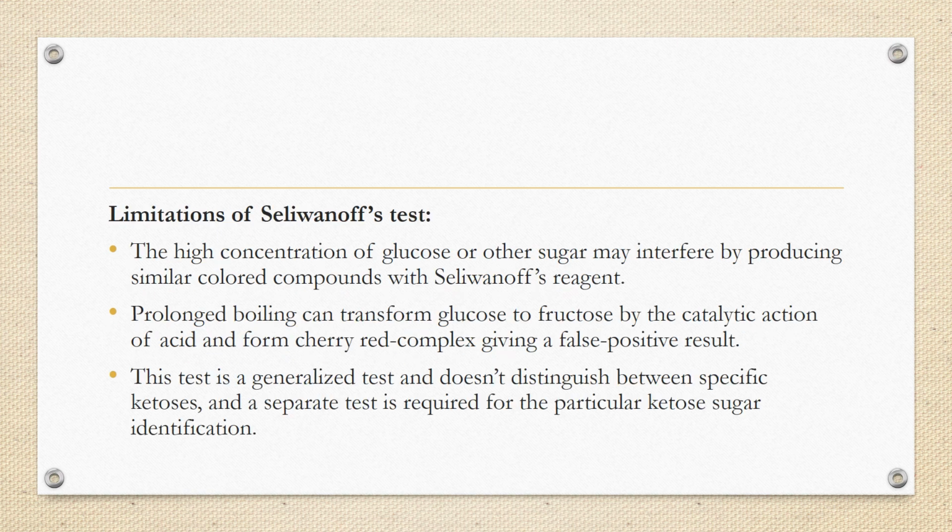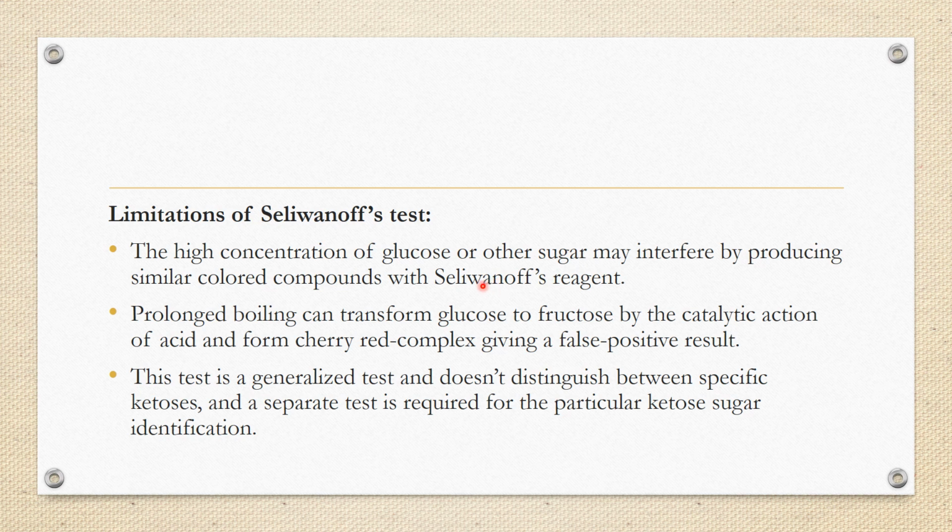The limitation of Seliwanoff's test. A high concentration of glucose, which is an aldose, or other sugar, may interfere by producing similar colored compounds with Seliwanoff's reagent, and this will give a wrong result.